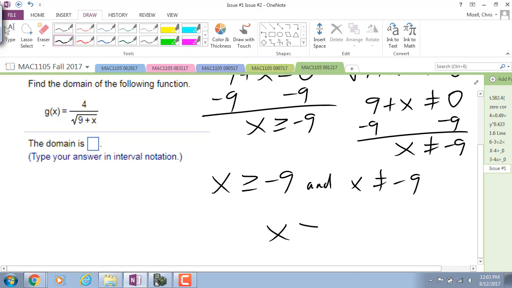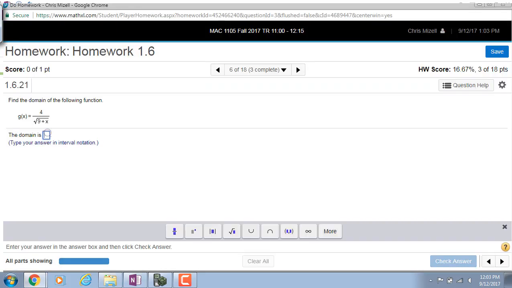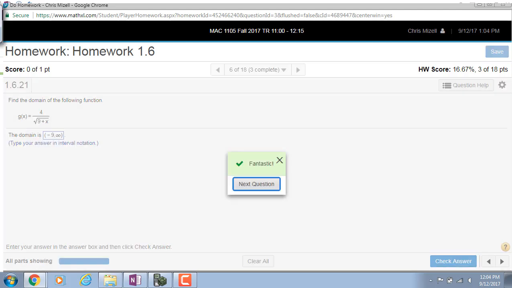That means x is strictly greater than negative 9. So the interval is negative 9 to positive infinity. It cannot include the negative 9. Check it.